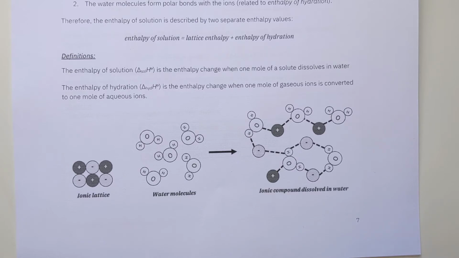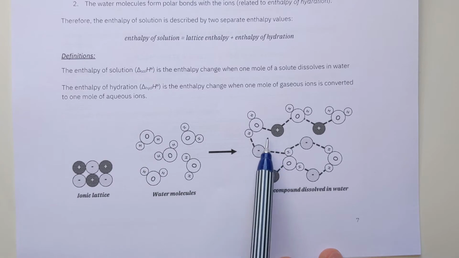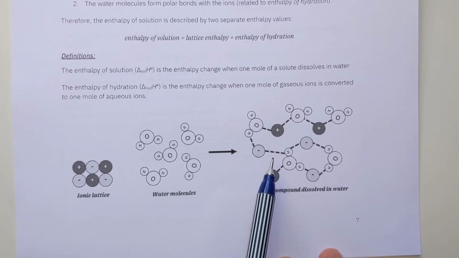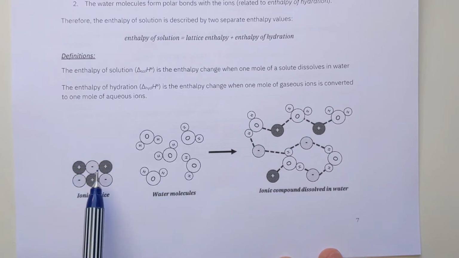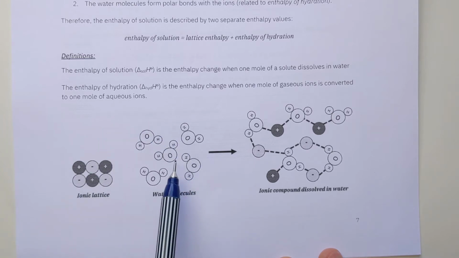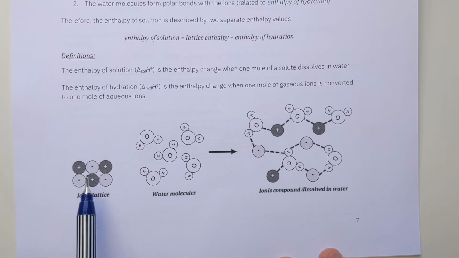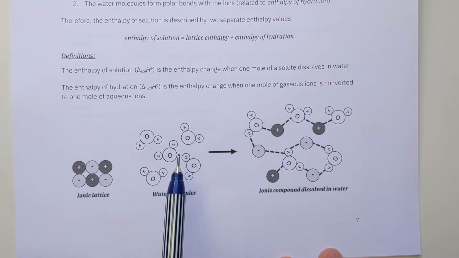For example, breaking apart that ionic lattice is endothermic. It requires you to put energy into breaking them apart. But forming new attractions is exothermic, which allows you to get energy out. If you've got an ionic lattice which is so strongly attracted to itself that the lattice enthalpy is huge, and you don't get that much energy back from forming new interactions, it's probably not going to be soluble in water, because the lattice enthalpy outweighs the enthalpy of hydration.